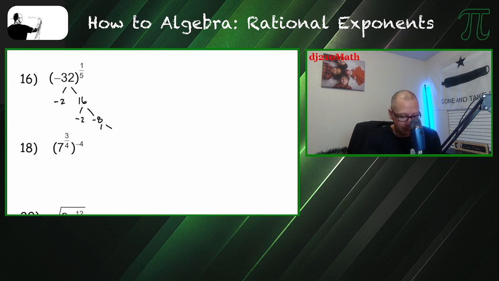So then negative 8 is going to be negative 2, 4. And this is going to be negative 2 and negative 2. So negative 32 is actually negative 2 times negative 2, 5 times.